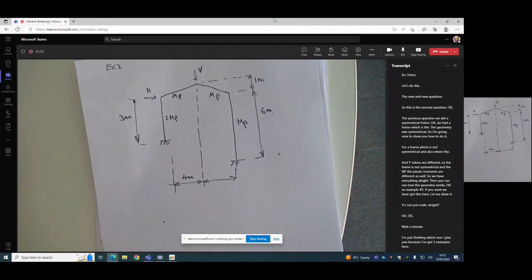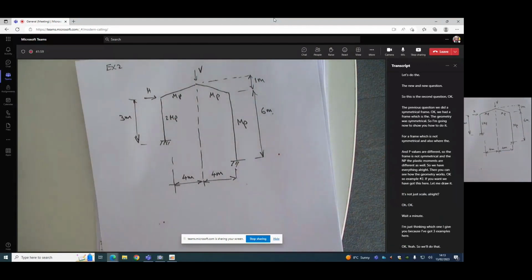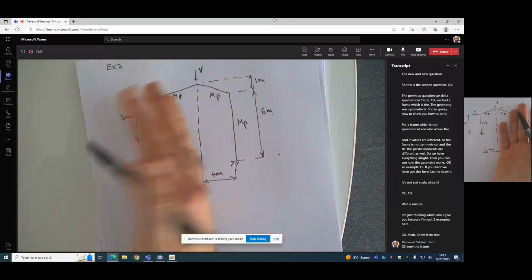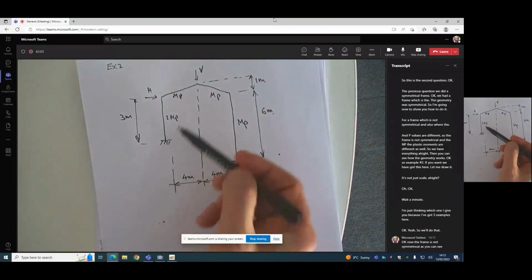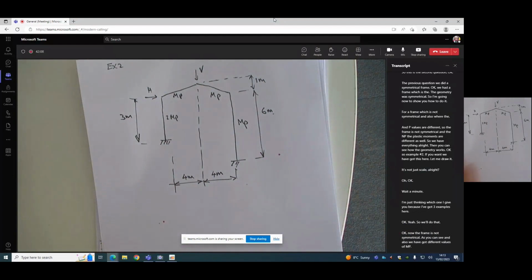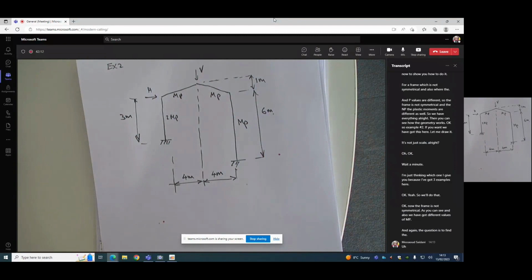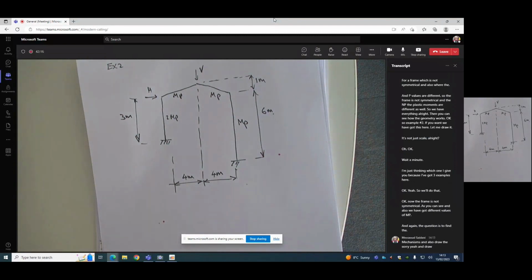Okay, we'll do that one. Now the frame is not symmetrical, as you can see, and also we have different values of MP. And again, the question is to find the mechanisms and also draw the interaction diagram.